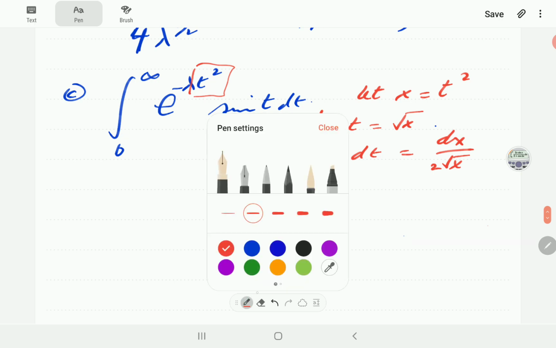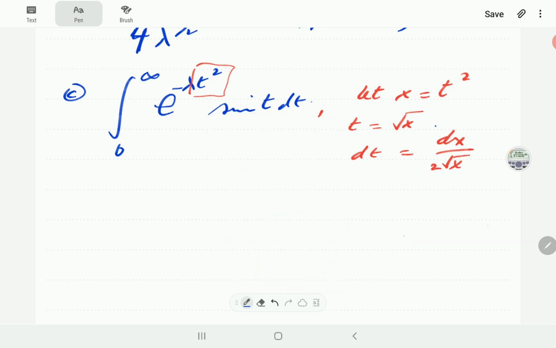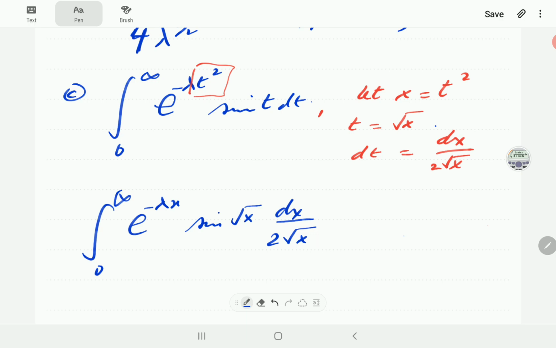So our integral is now going to be the integral from 0 to infinity of e to the minus lambda x, then sine square root x, then dx over 2 root x.